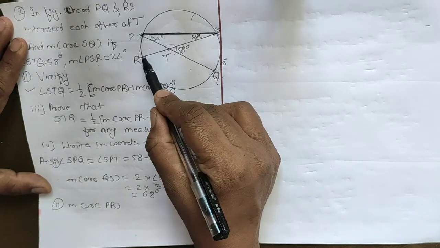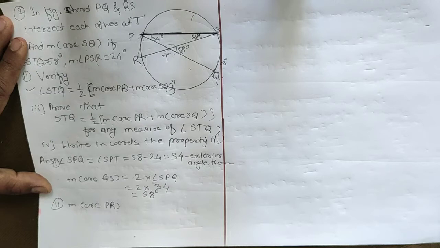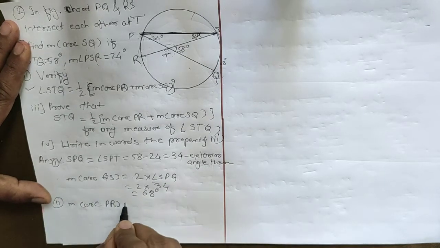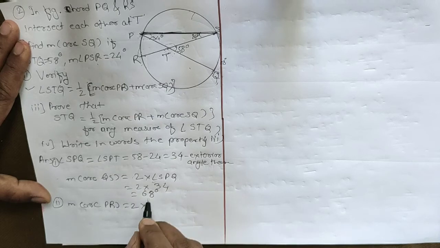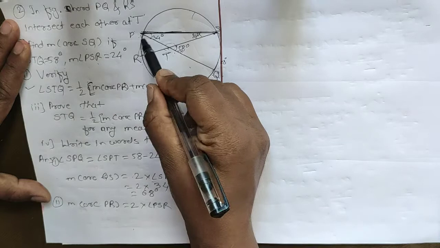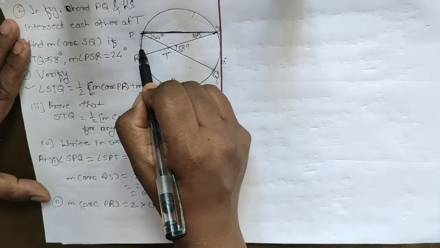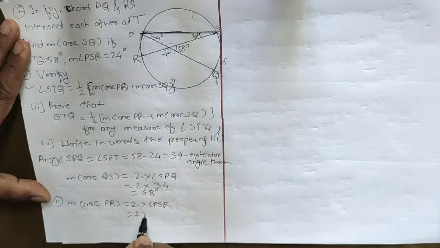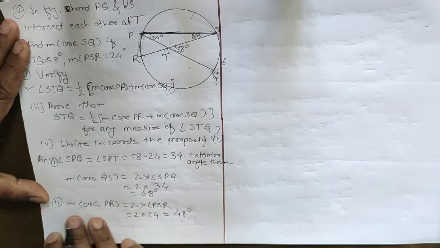This PR is equal to 2 into angle PSR. The measure of PR is double 24, so how much will it come? 2 into 24 is equal to 48 degrees.